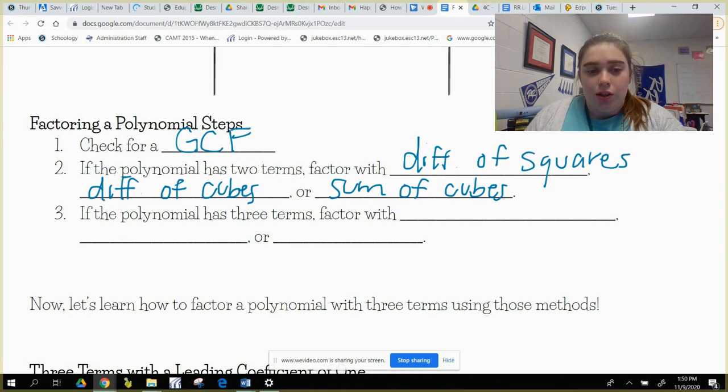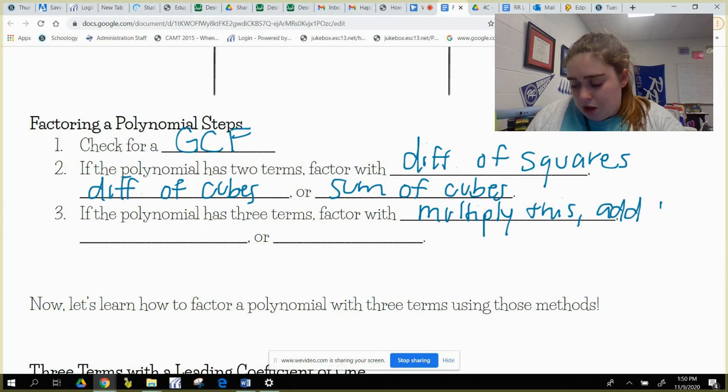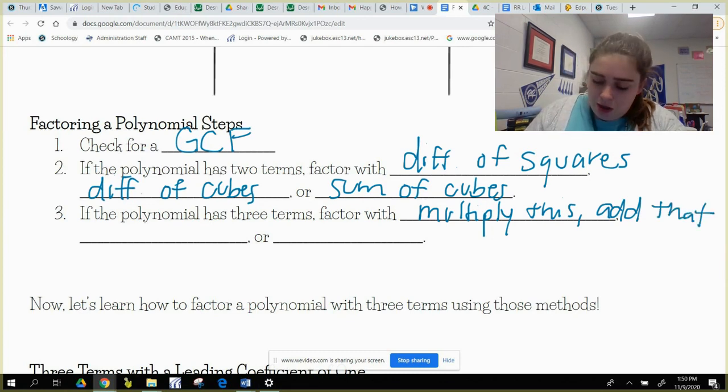Now today we're moving on to three terms, so we're going to learn 3 new methods to go with 3 terms. The first one doesn't really have a specific name, but I'm just going to call it multiply this and add that, and I'll explain why in a little bit. The next one is called the gross product method.